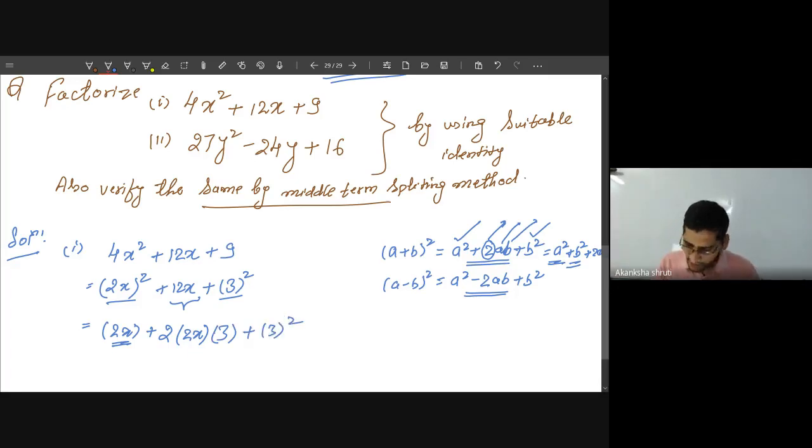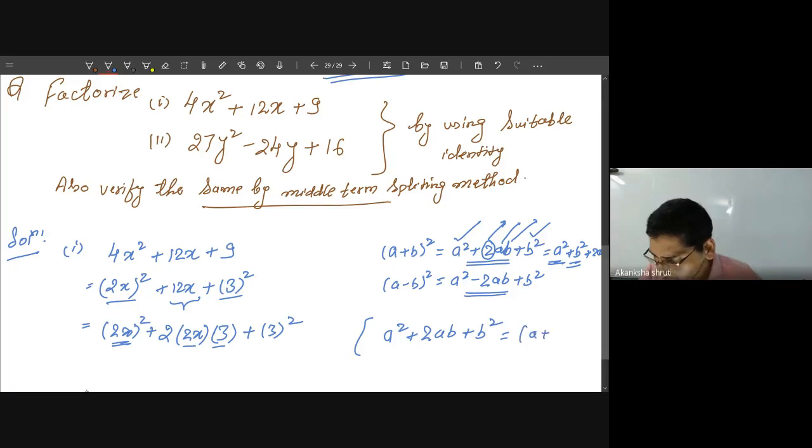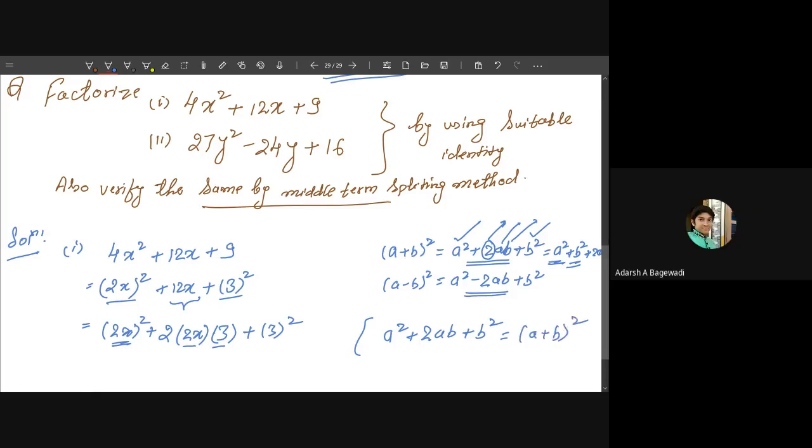Now students, you have to compare this. It is the square of the first term plus twice the first term into the third term plus the third term squared, meaning it is of the form a square plus 2ab plus b square. So it can be written as (a plus b) whole square, where it is (2x plus 3) whole square.